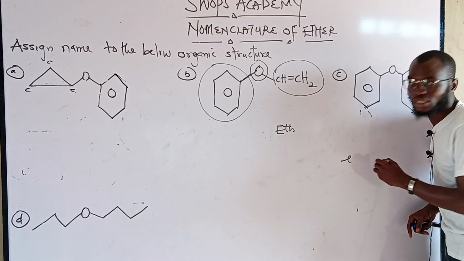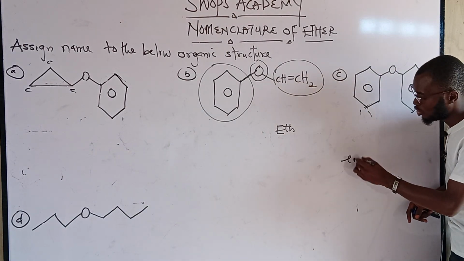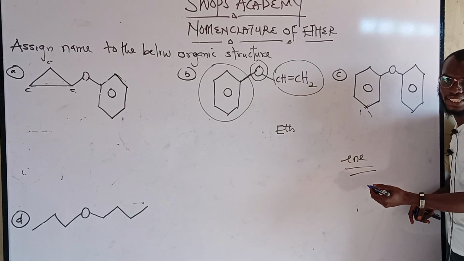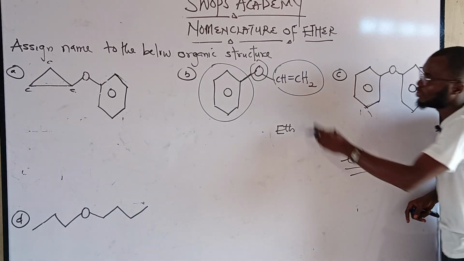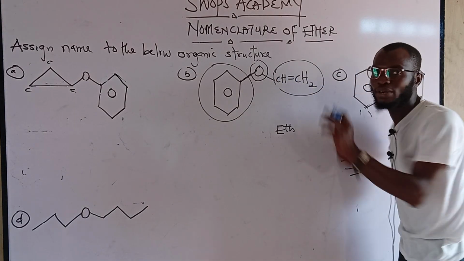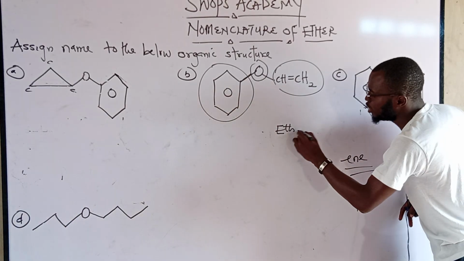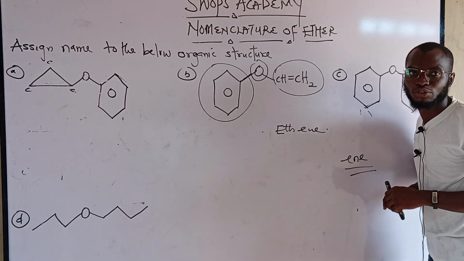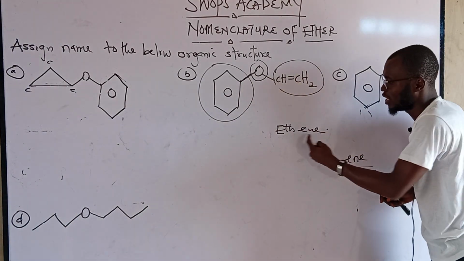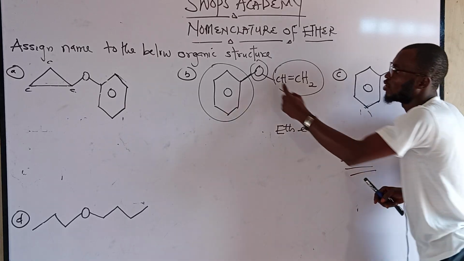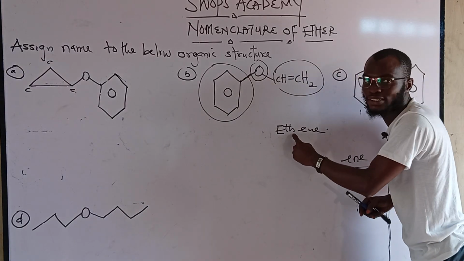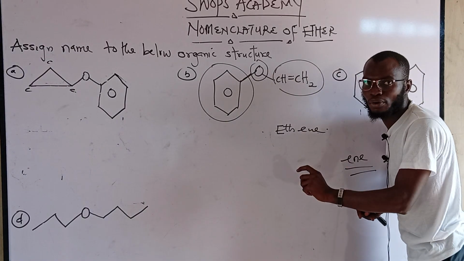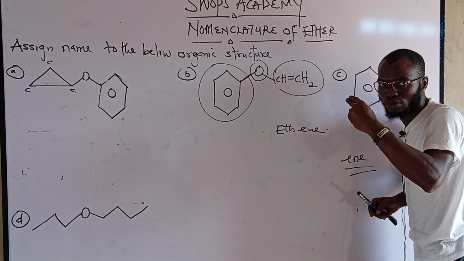When we have a double bond in an aliphatic hydrocarbon, what do we call it? ENE, ethene, the alkenes family. That means this particular structure, with 2 carbons, is ethene. Because of the double bond that is there, that is why we are writing ENE. 2 carbons, eth. If it is 3 carbons, prop.